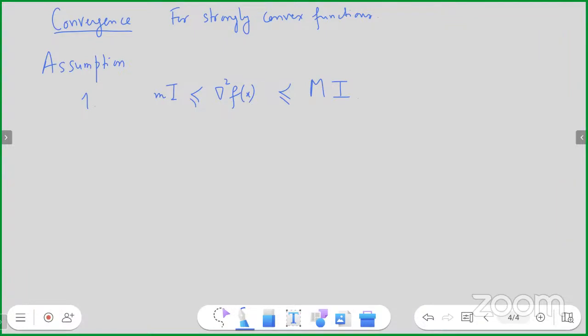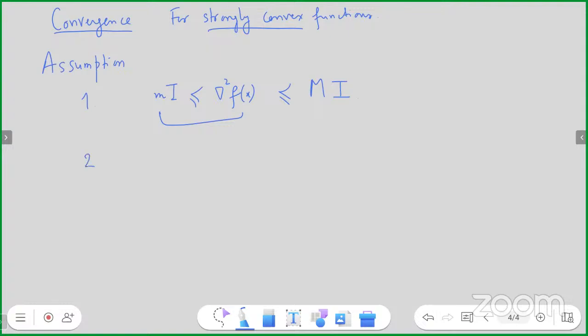This is squiggly, and similarly this minus this. Or you can equivalently write x transpose del square f of x times x is greater than or equal to m for all x, and less than or equal to capital M for all x. We also call it strongly convex with parameter m, little m.